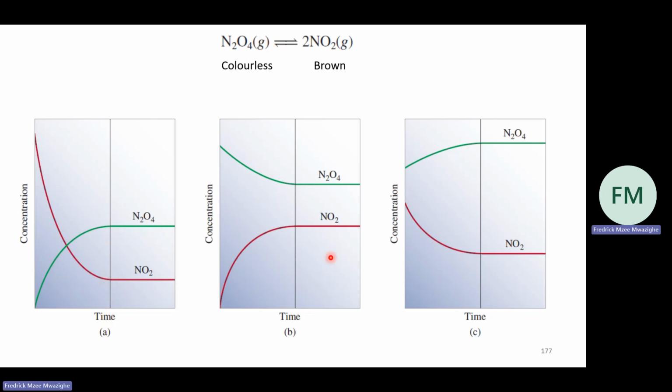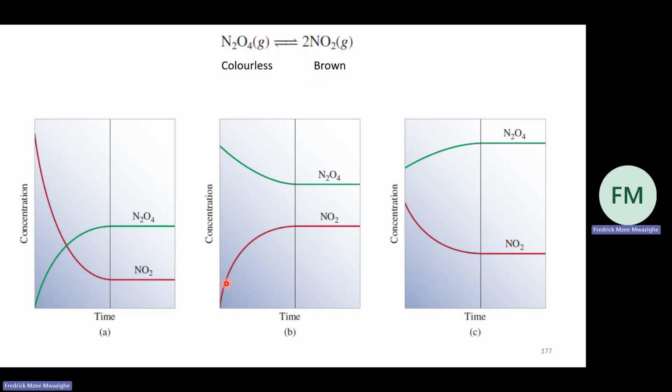We can consider this second example, where now you are beginning with N2O4 at a certain concentration and you don't have any NO2. As time goes on, the concentration of N2O4 decreases because it now forms NO2.